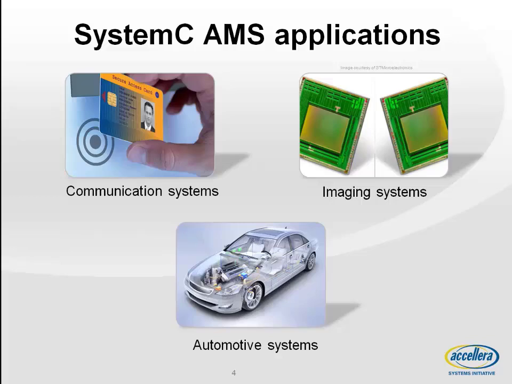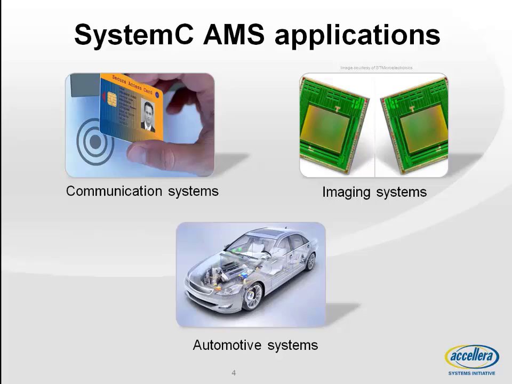Imaging systems, so sensors, displays, LCDs, especially the image part is highly analog. For instance, ST is doing a lot with SystemC AMS for modeling those types of applications. And I already mentioned automotive, especially for the modeling of electronic control units. So for power management, but also for in-vehicle networking, you see more and more the use of abstract languages centered around SystemC.